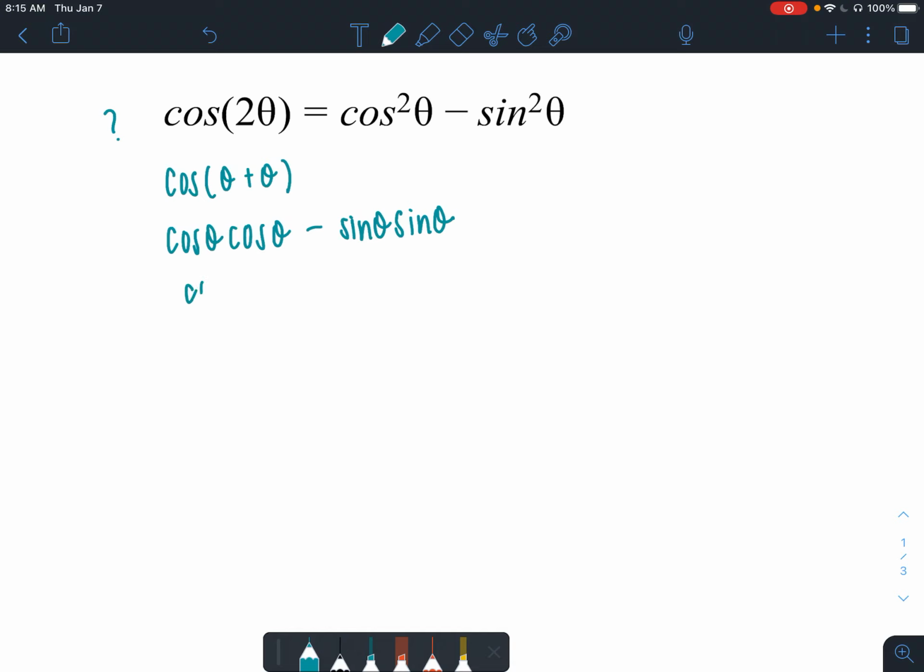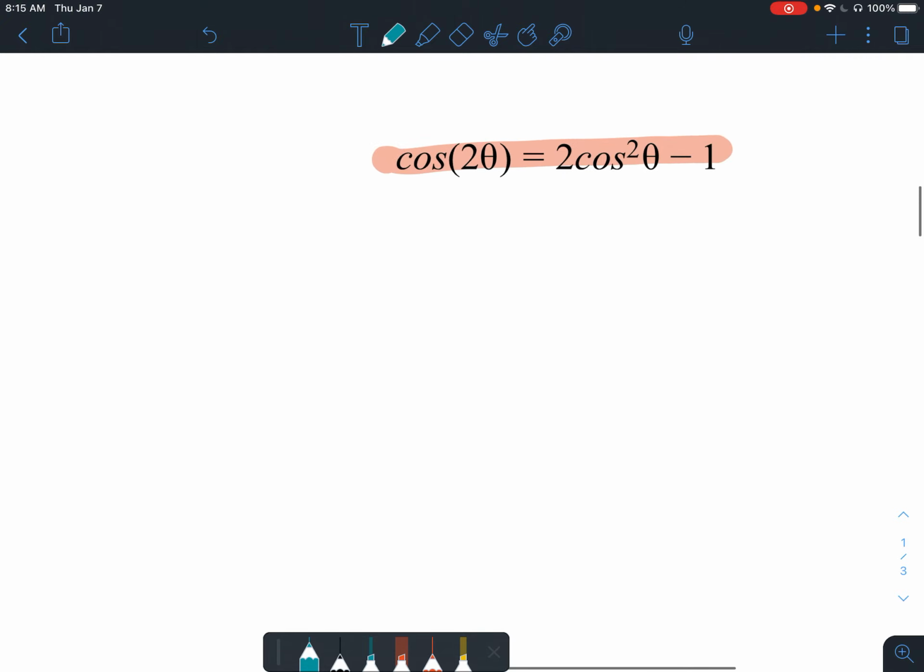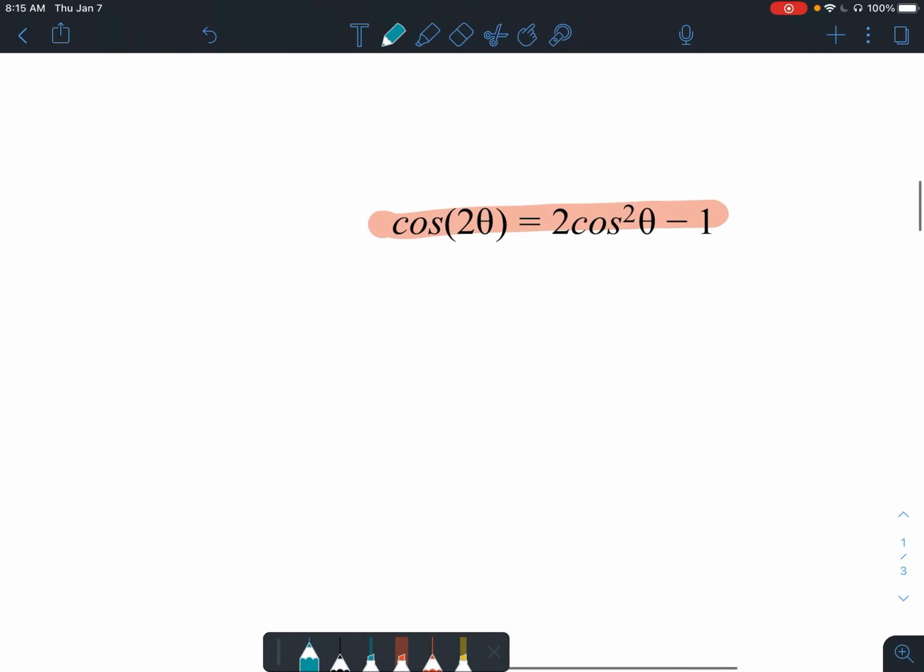And so we get cosine times cosine is cosine squared, and sine times sine is sine squared, which is our identity. And then finally, this last one I'm going to leave for you guys to do on your own. If you don't get to the final thing, that's okay. I just asked you to try.